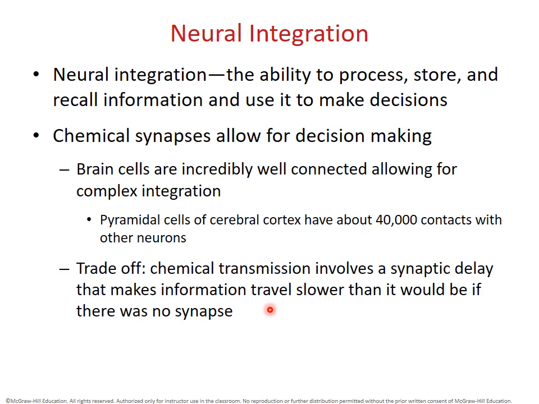Enzymes have to be activated in the axon terminal, exocytosis has to occur, diffusion of the neurotransmitter has to occur, binding to the chemically gated channels has to occur, the channels have to open and ions have to flow, and the sodium that flows in during that graded potential has to spread through the postsynaptic neuron till it arrives at the trigger zone, and then of course that has to cause voltage gated channels to open.